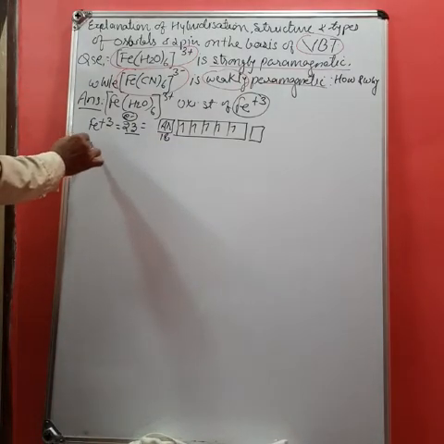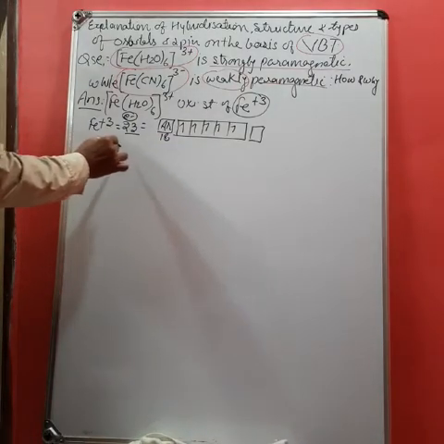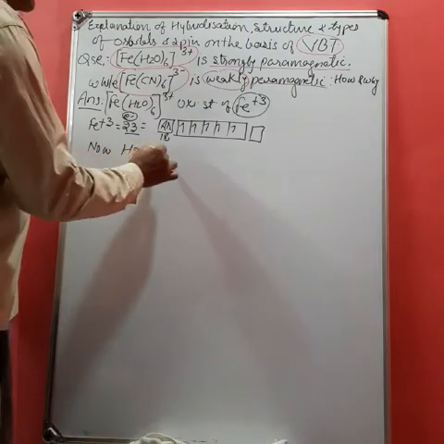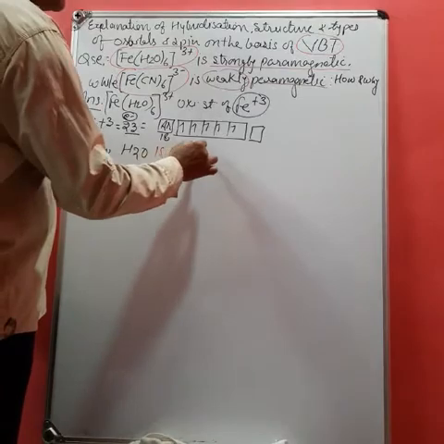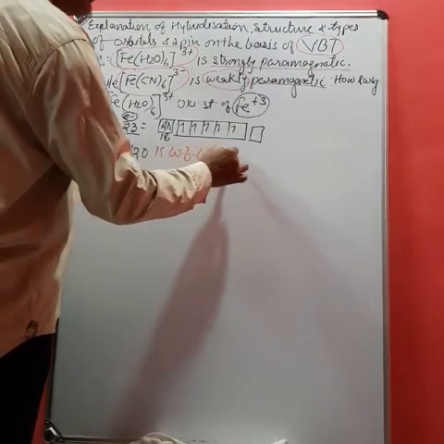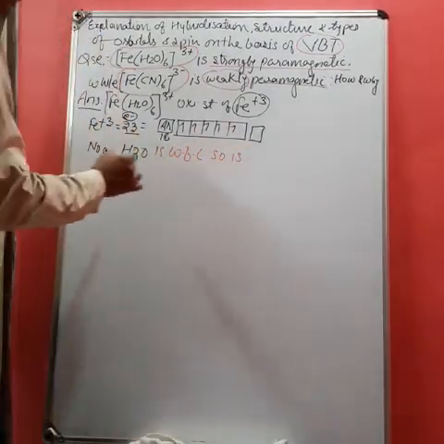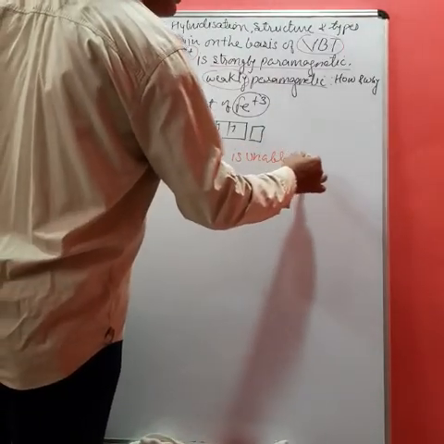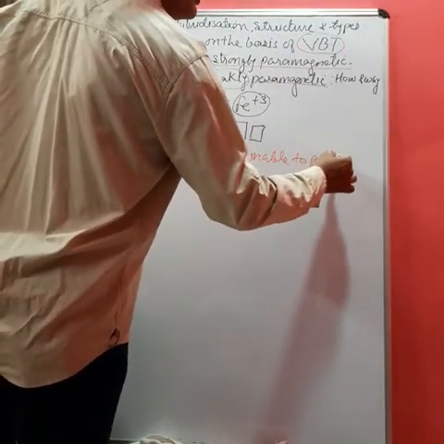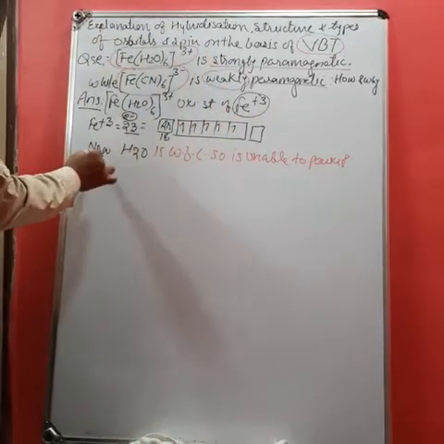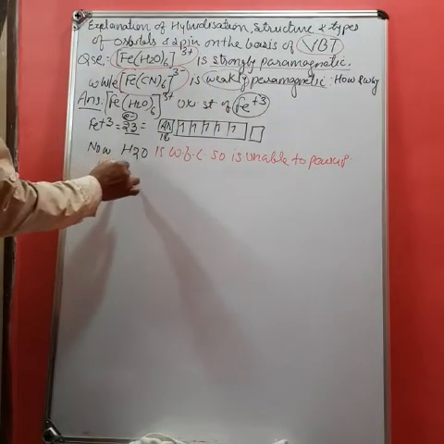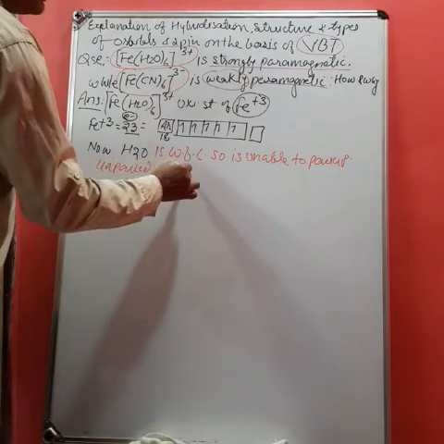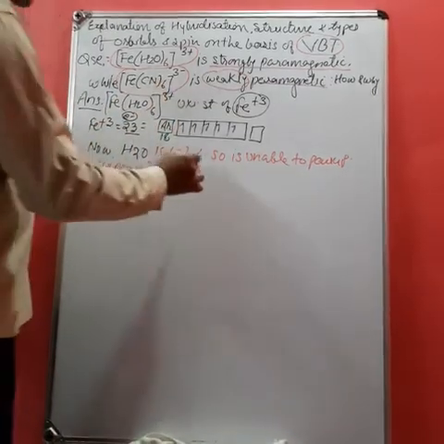Now, H2O is a weak field ligand, so it is unable to pair up the unpaired electrons.